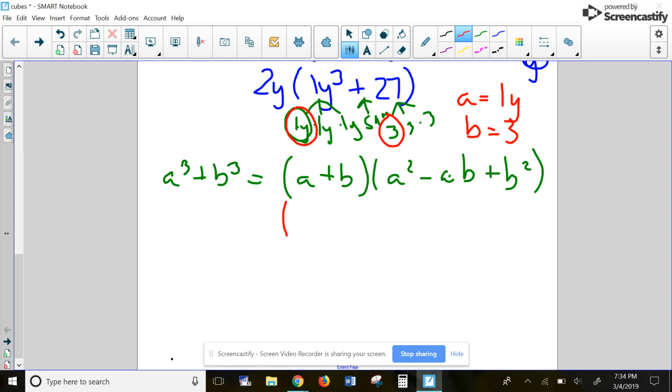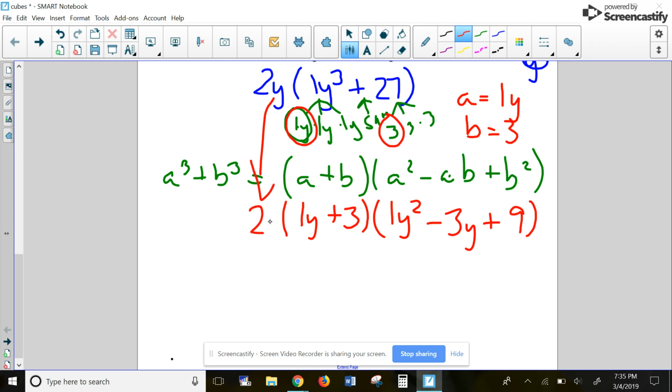So a is 1y plus b is 3, parentheses, a squared, that's 1y squared, so that's 1, minus whatever a times b is. So a is 1y and b is 3, so that makes 3y, plus b squared. Our b is 3, so what is 3 squared? That is 9. And then we put our GCF right on the front, 2y. This is factored.